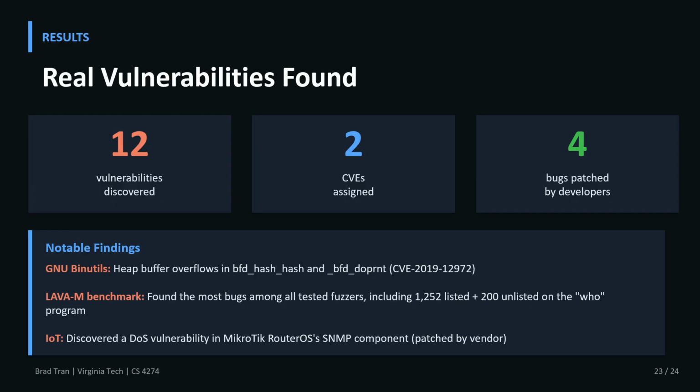Beyond path coverage metrics, EcoFuzz demonstrated real vulnerability discovery: 12 vulnerabilities total, 2 assigned CVE numbers. In GNU binutils, EcoFuzz found heap buffer overflows in BFD hash and BFD do print, the latter confirmed as CVE 2019 12972.